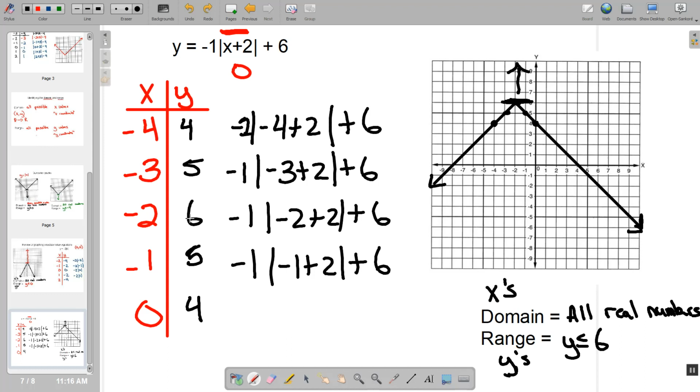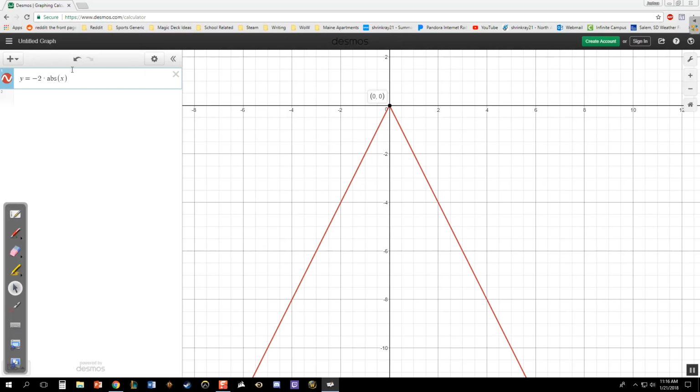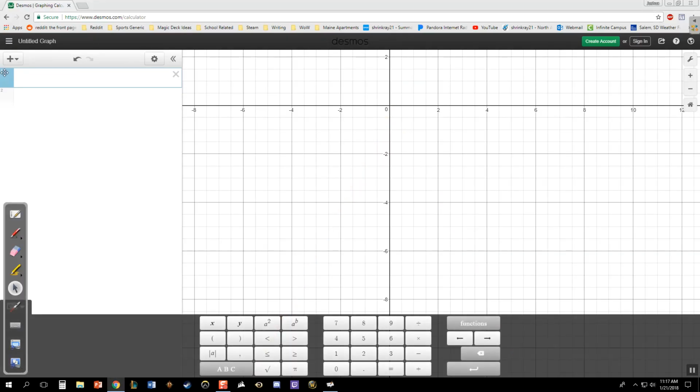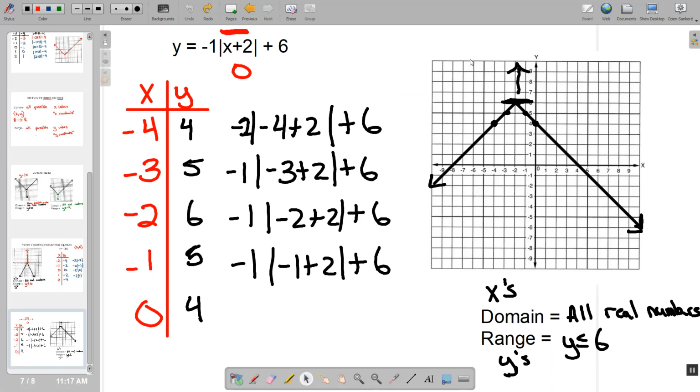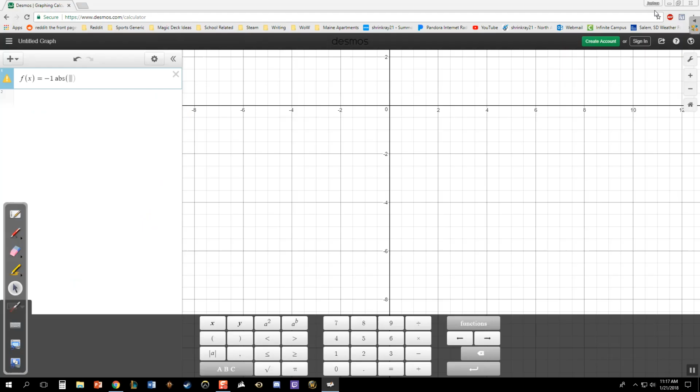Let's double check this on Desmos to see if it worked. So -1, oops, that's not right. So let's delete our old one. So let's do f of x equals -1 absolute value. If you don't remember the absolute value bars, I think it was x plus 2 and then +6 on the outside.